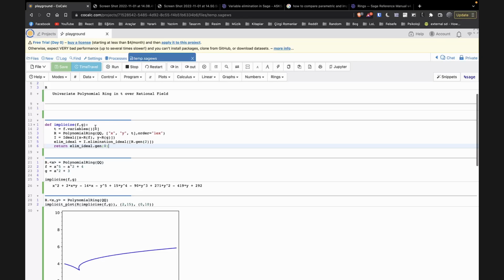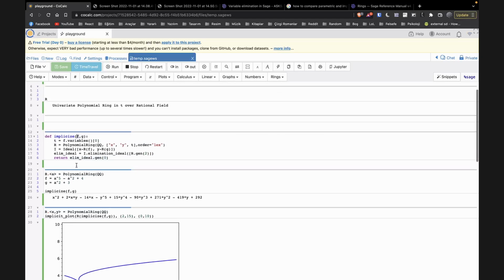It first takes a variable t from f. That's the parameter variable. In this case, it's a. It creates a ring with x, y, and this variable.